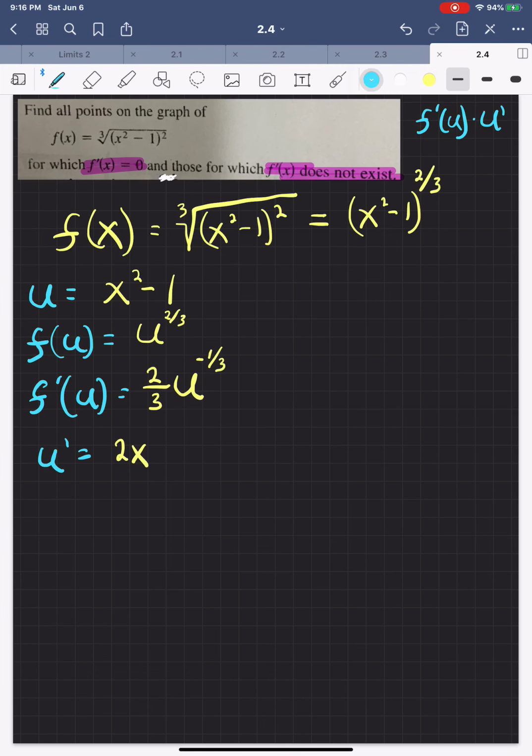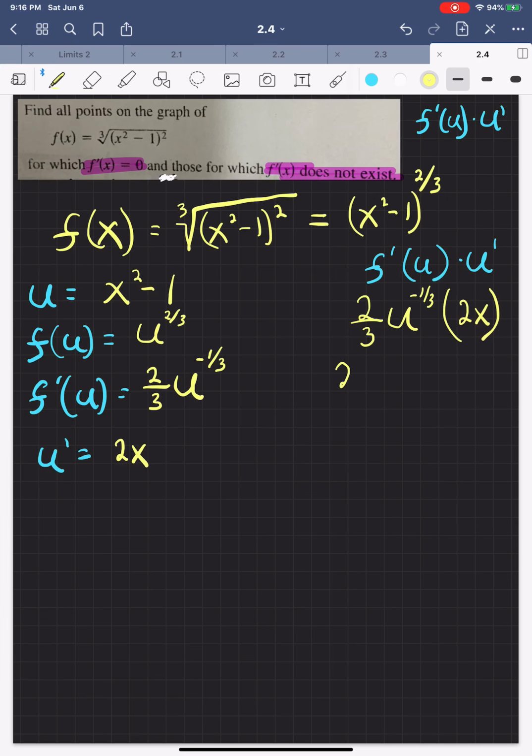Okay, so let's go ahead and put everything in the right spot. I'm not going to draw the arrows for you this time. So this would be 2/3 u to the negative 1/3 times 2x. I'm going to go ahead and back substitute for u.